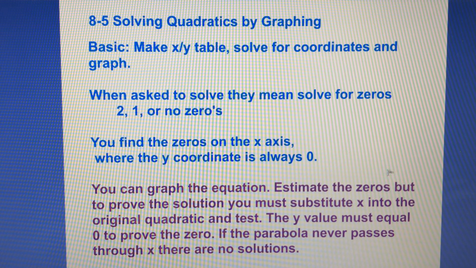You can graph the equation, estimate the zeros, but to prove the solution, you must substitute x into the original quadratic and test it. The y value must equal 0 to prove the zero. If the parabola never passes through x, then there are no solutions.